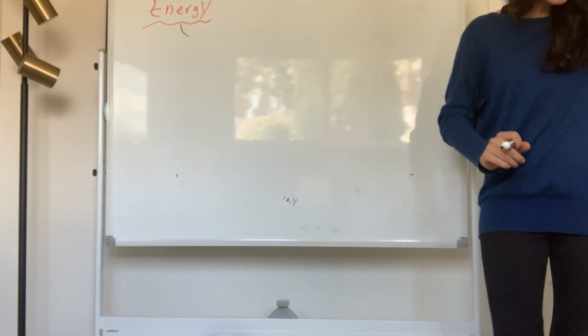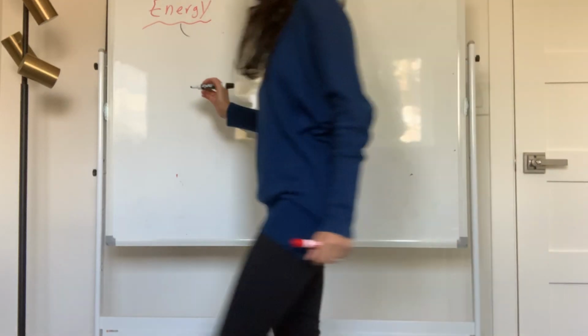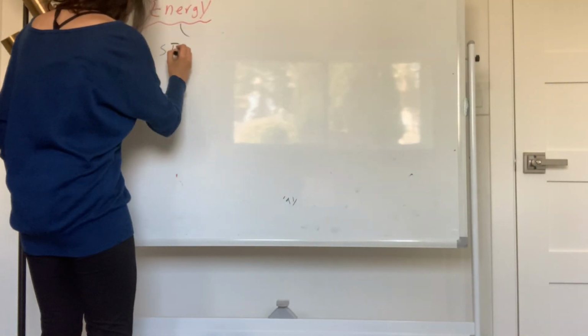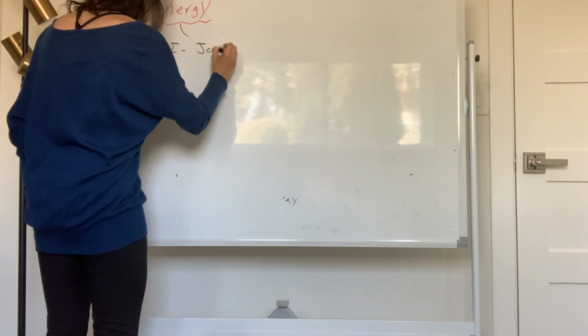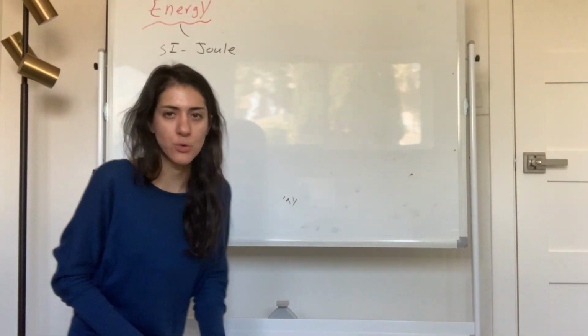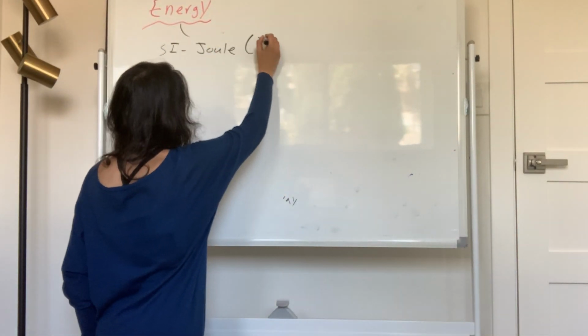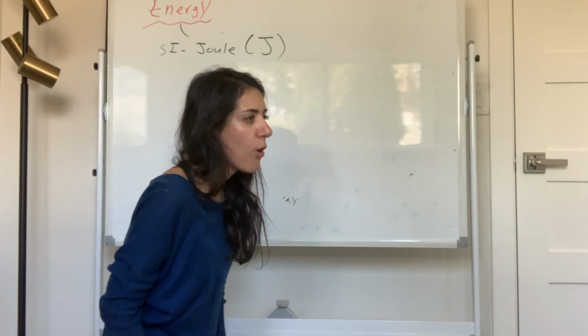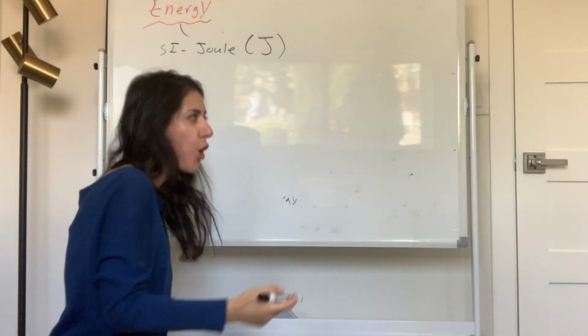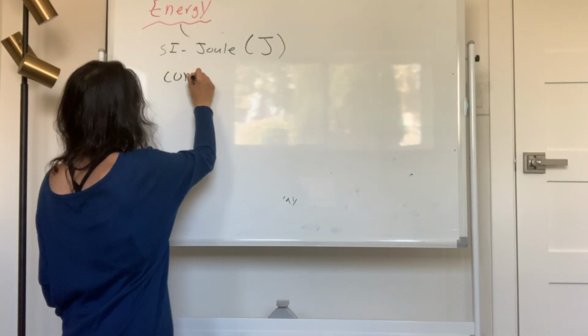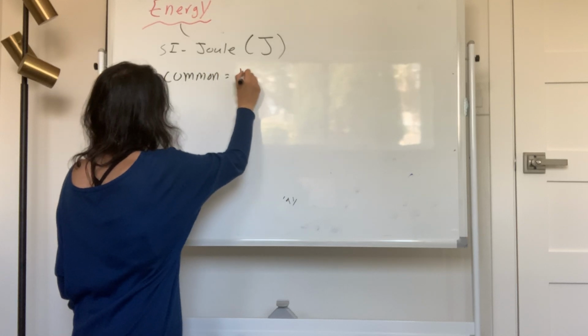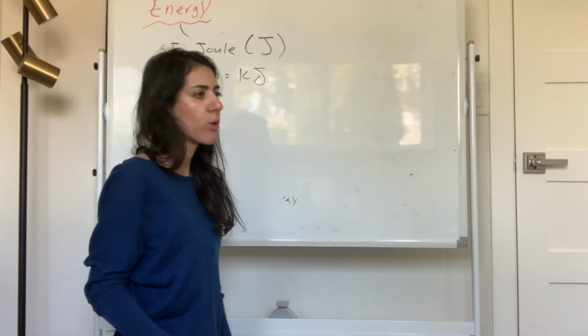The SI unit is joule, and it would be uppercase J. But the more common is kilojoule. Kilojoule is going to be more common.